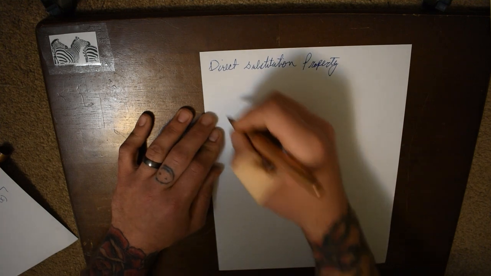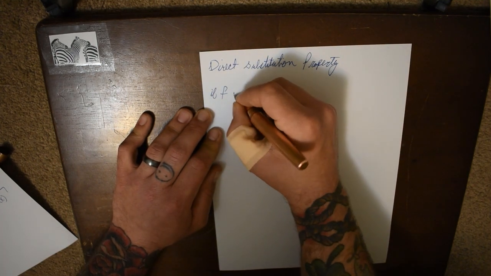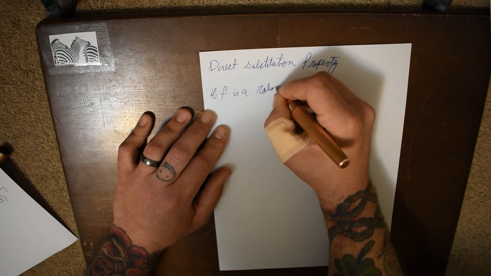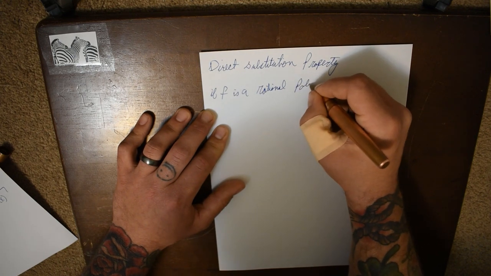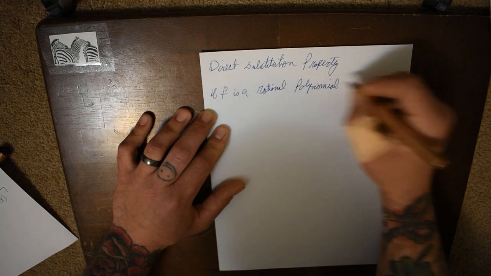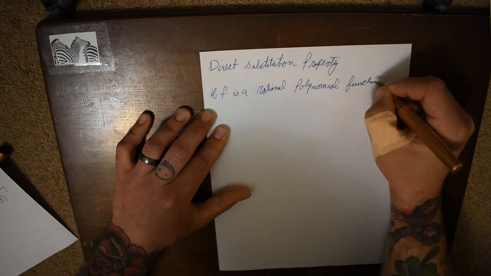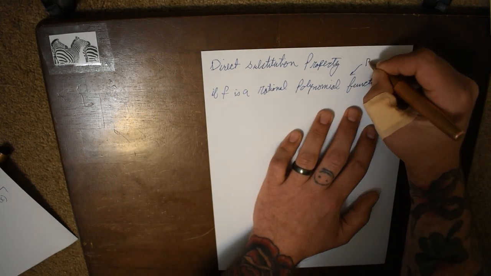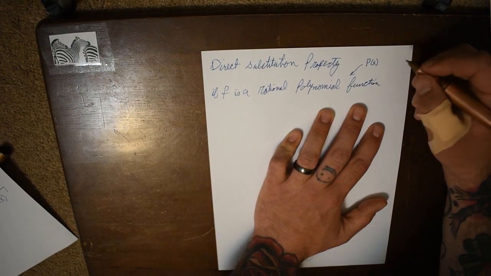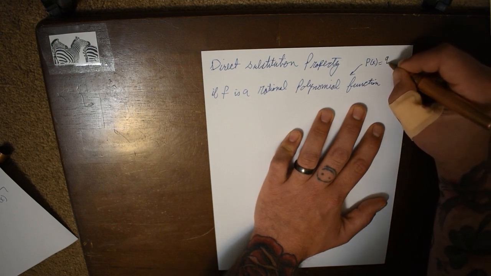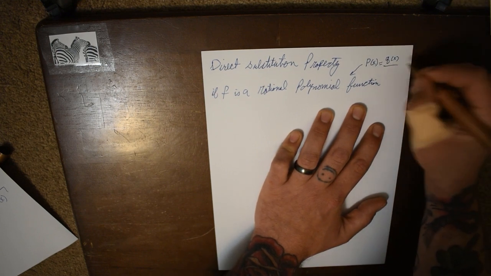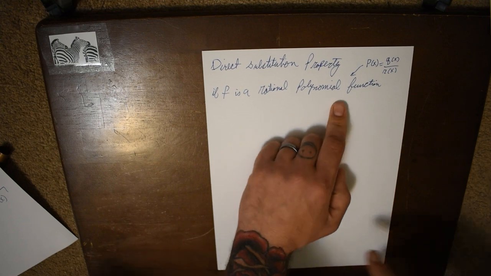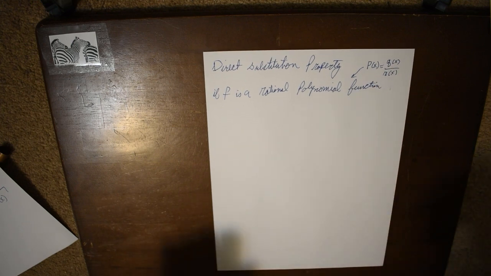So it says, if f is some polynomial function, or a rational polynomial function, and a rational polynomial function is some polynomial function q of x in the numerator, divided by r of x in the denominator.